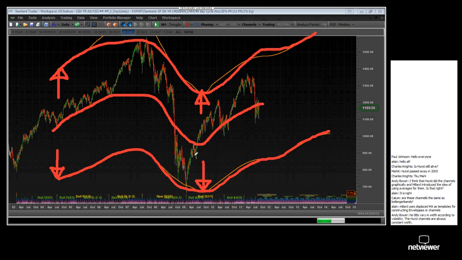Of course, the way to do this properly is to calculate a moving average, which is then displaced, and a moving average, when plotted in a displaced fashion on the chart, would be this center line over here. And then you construct the channels above and below that. So that's what a single channel is.